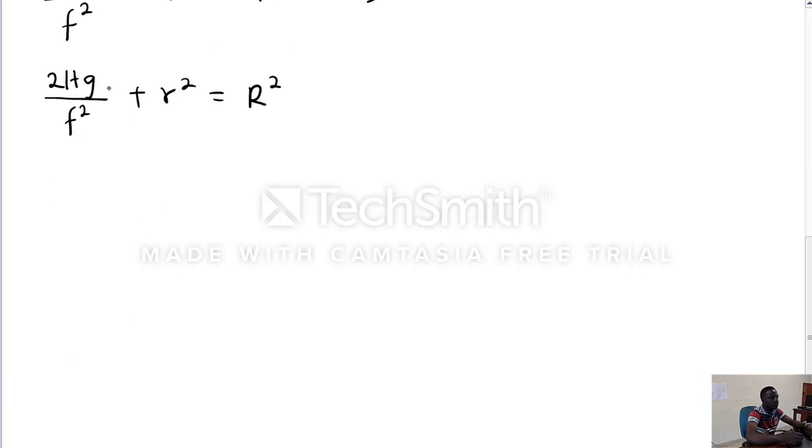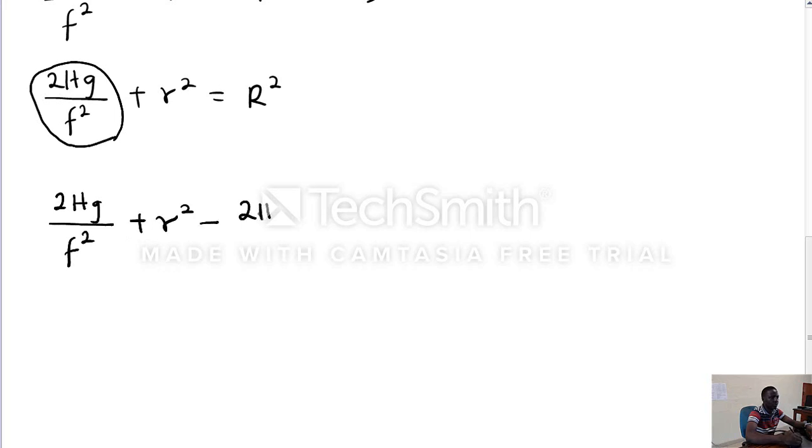Next is to move this term to the other side of the equation, since my attention is on R. So I'll subtract 2gh over f squared from both sides of the equation, and that will be 2gh over f squared plus r squared minus 2gh over f squared is equal to R squared minus 2gh over f squared.